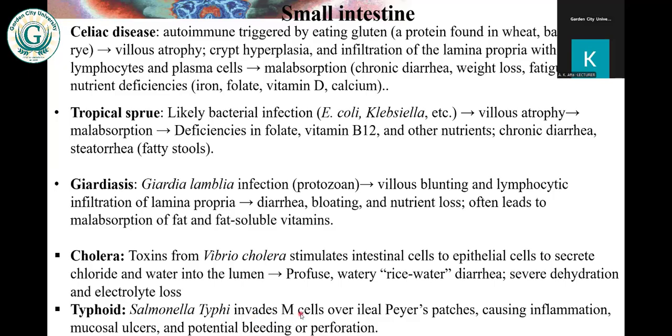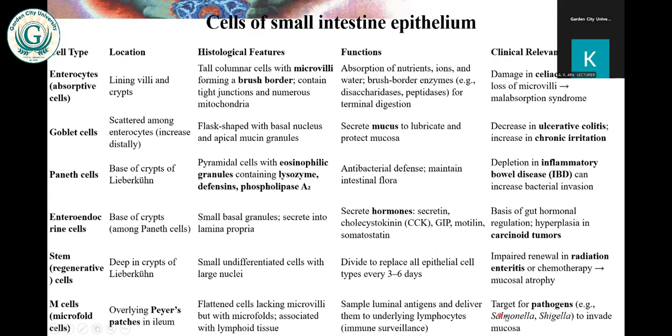We are saying that the M cells cover the Peyer's patches. So once they target the M cells, they cause inflammation. So that's the point that we're looking at here. They are targets for pathogens, these M cells.